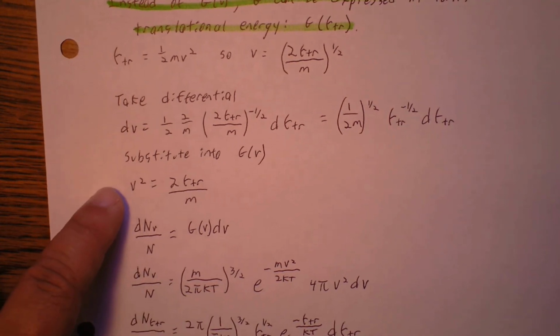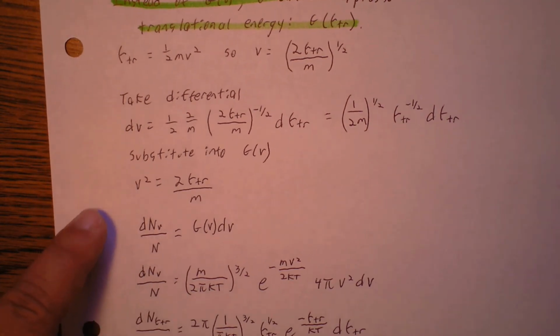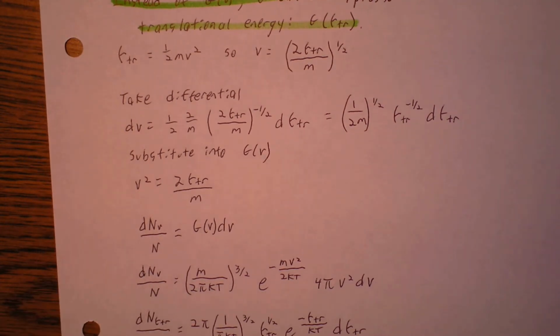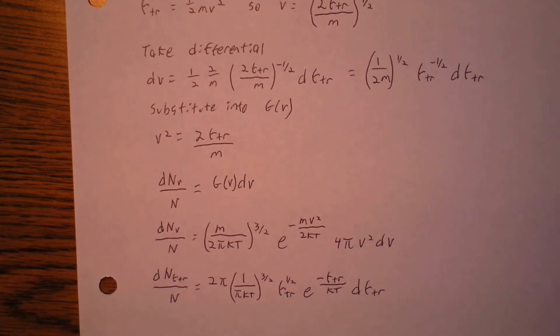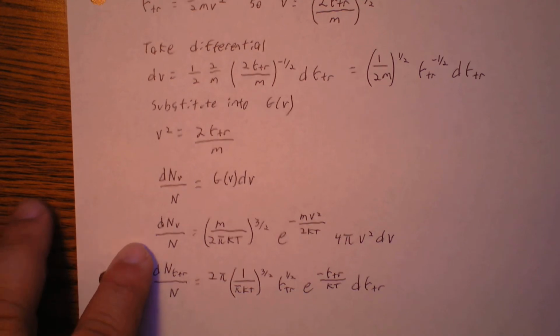So now we can substitute that back into g of v. So we get v, the speed squared, is equal to 2 times the energy of translation over m. That's just algebra. So we get the differential of the number of molecules at that speed divided by the total number of molecules, and that's equal to g of v dv.